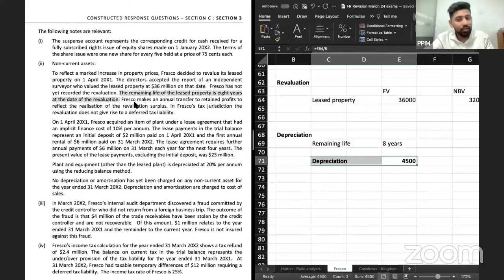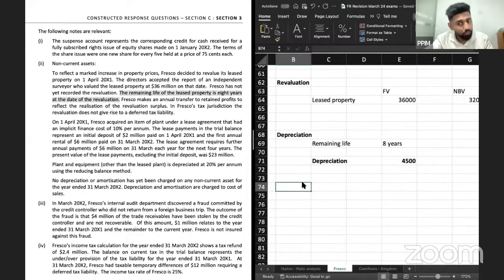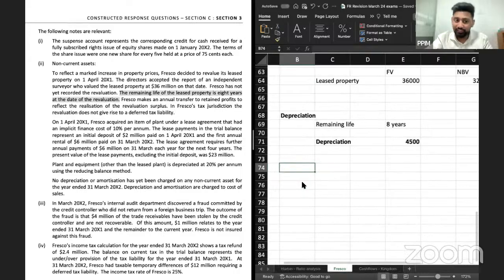Fresco makes an annual transfer to retained profits to reflect the realization of revaluation surplus. In Fresco's tax jurisdiction, the revaluation does not give rise to a deferred tax liability. Now, listen to me very carefully, this is not a very regular adjustment. Sometimes you might get it.